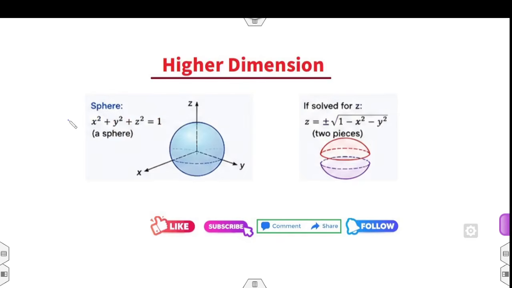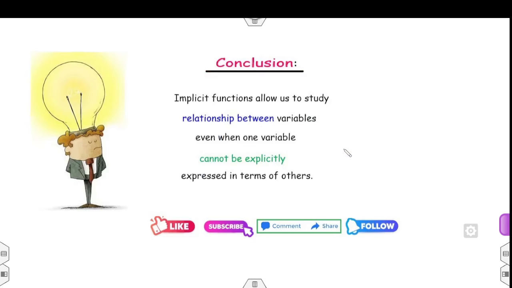Similarly, for the higher dimension, if you are working in R cube, that is the XYZ plane, again it is my implicit function because you can never write it as a single variable of a single function. Similarly, you can write it as plus minus, so you have two different pieces. So the conclusion is that implicit functions allow us to find the relationship between variables which cannot be written explicitly in terms of the other variables.